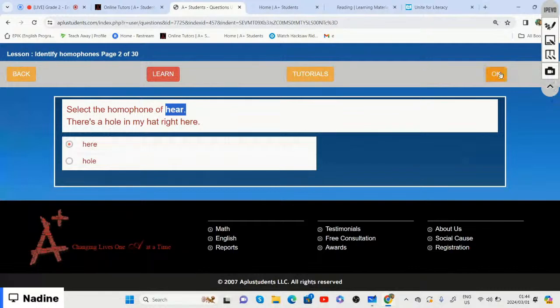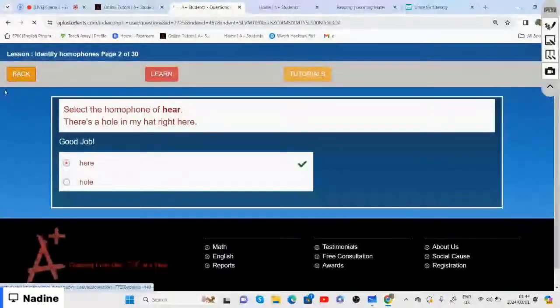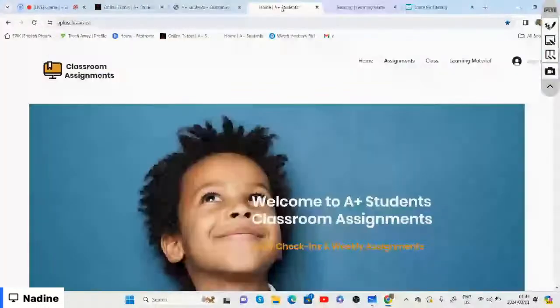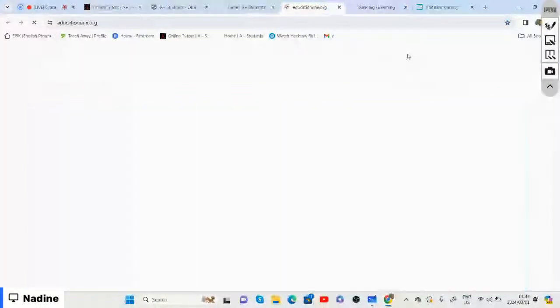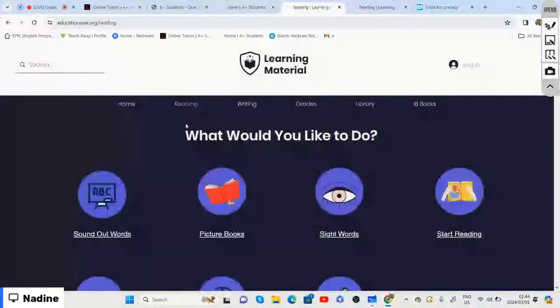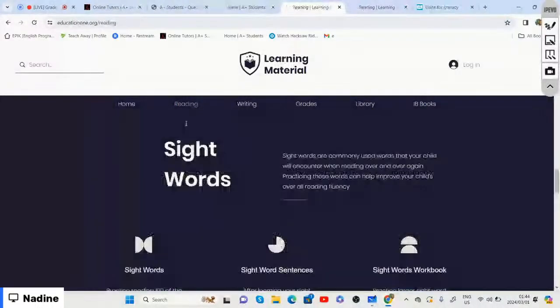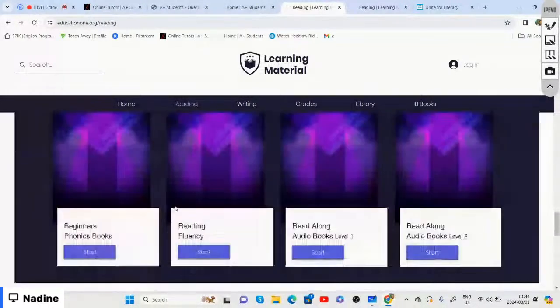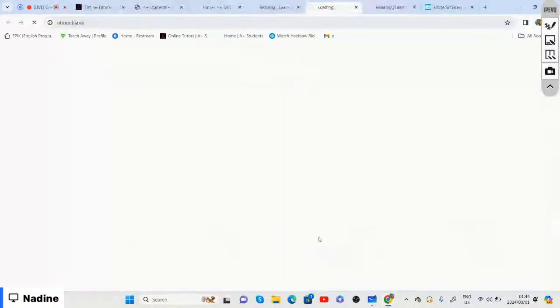All right, then before we end our lesson, we're going to aplusclasses.ca. We're going to learning materials, to reading. Then we're going to scroll right down until we get to the four purple beautiful boxes. And we're going to go to the third option, which is read along audio books, level 1.